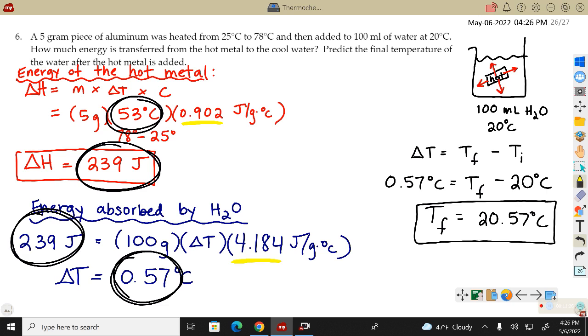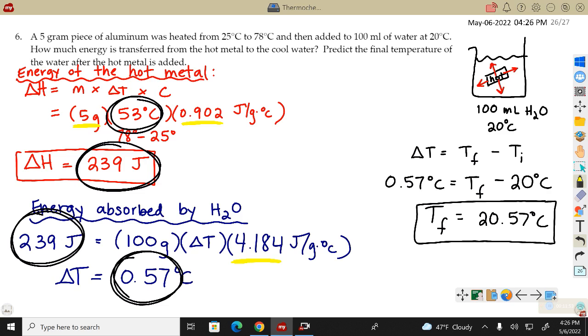Reason number two, mass. When I have a transfer of heat energy, that heat is evenly distributed to all particles in the sample. All particles get an equal share of that heat energy. Well, with the aluminum sample, I only had 5 grams. Now, if I wanted, I could turn it into moles, but I guarantee it would be pretty small.